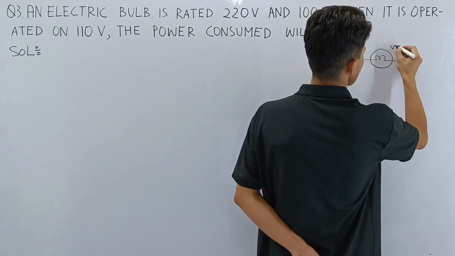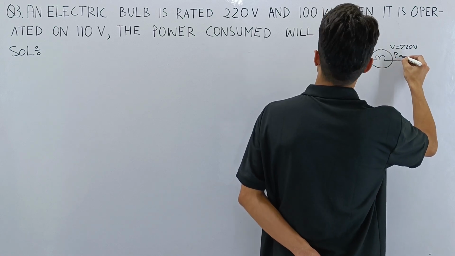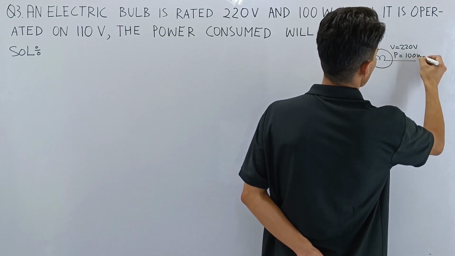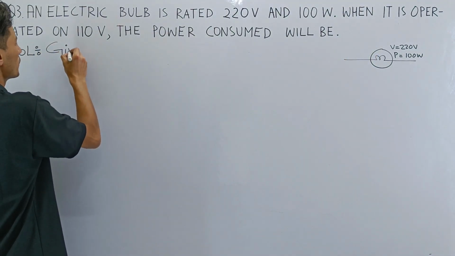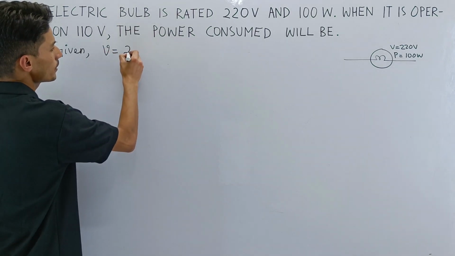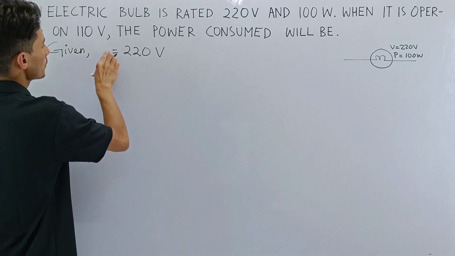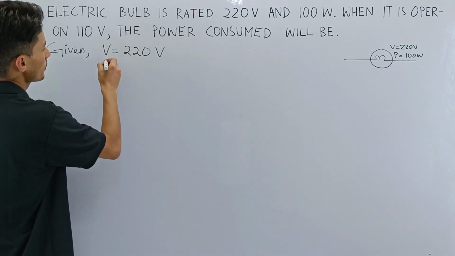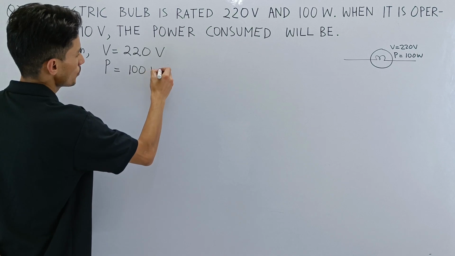So the potential difference is given to you, 220 volt, and the power is given to you, it's 100 watt. This is what you will write here. Given: V is 220 volt, and power is 100 watt.